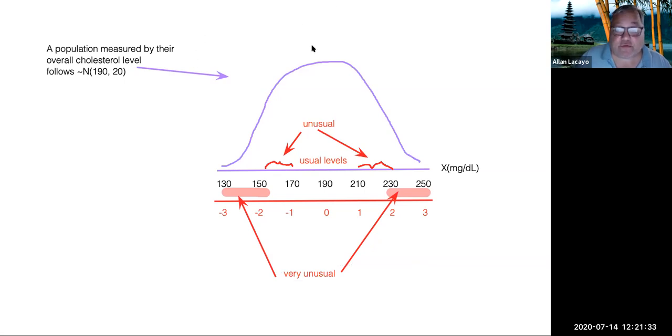And so we would call these people here and these people on the bottom side here extreme values or outliers. So these are low outliers. These are high outliers.